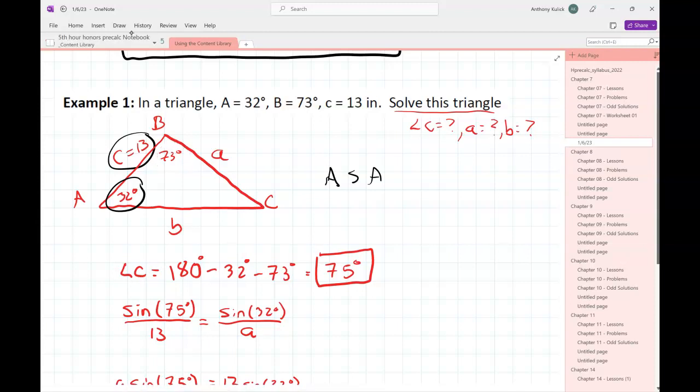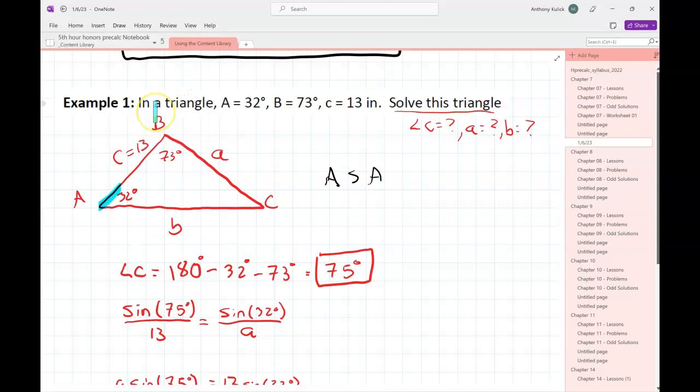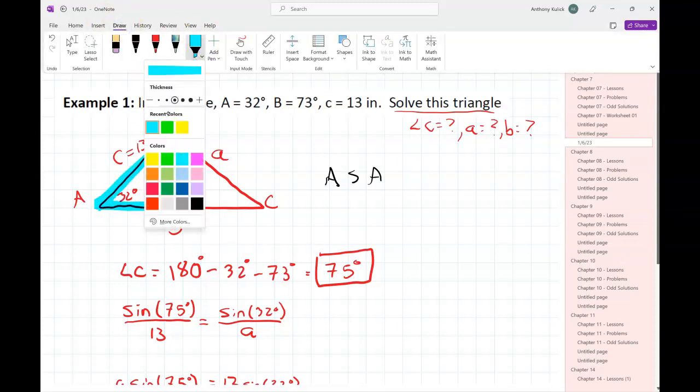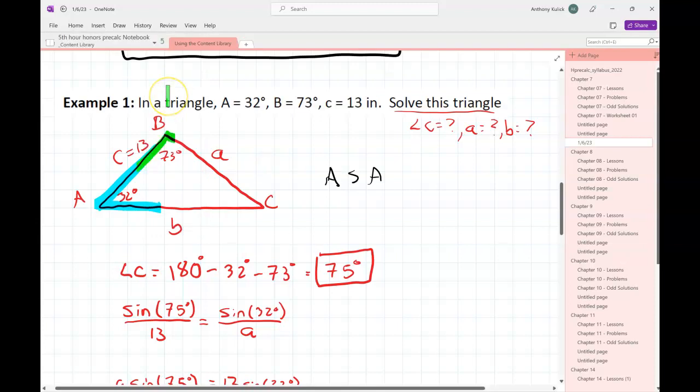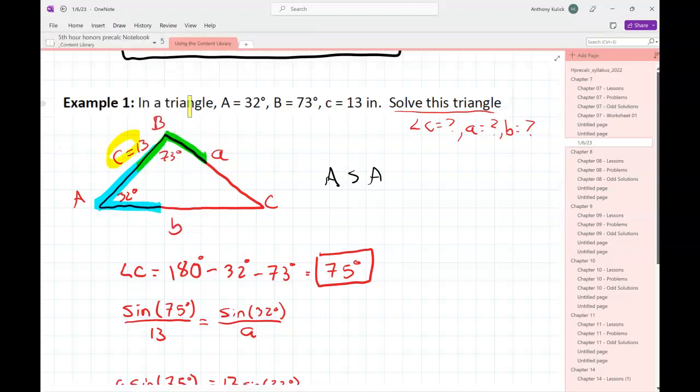The given side length is a part of both of those angles, right? If I draw angle A and then I draw angle B, I notice that the given side C is part of both of those angles. That's what angle side angle is going to look like. Everybody okay with that?